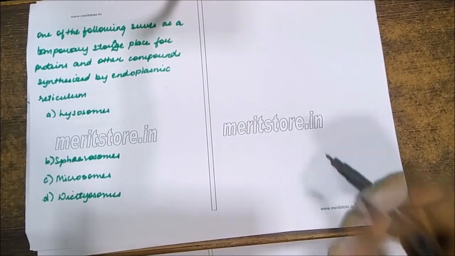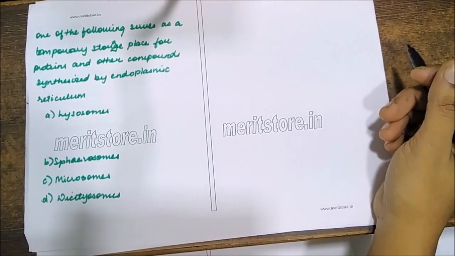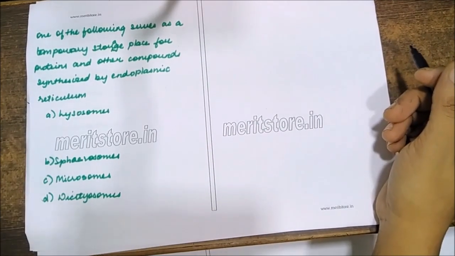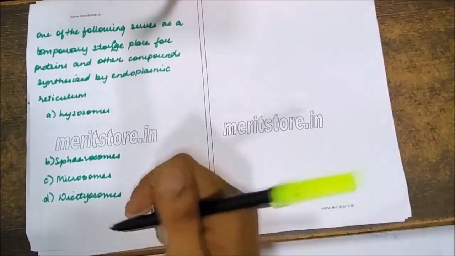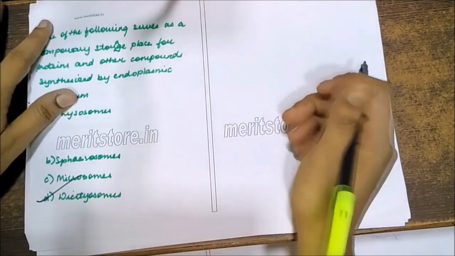One of the following serves as a temporary storage place for proteins and other components synthesized by endoplasmic reticulum. The temporary storage place for proteins is dictyosomes. Alright. Next question.